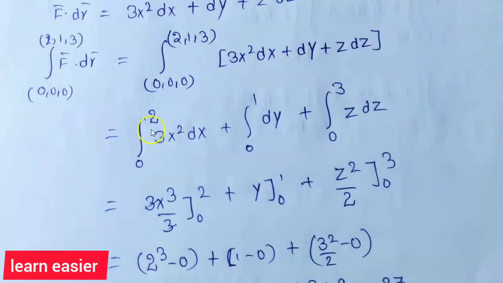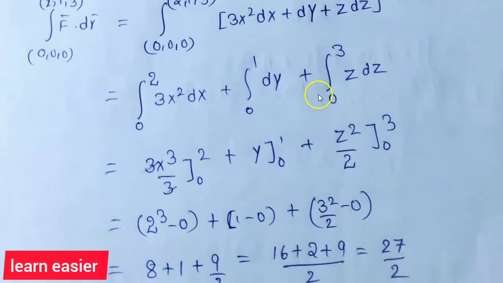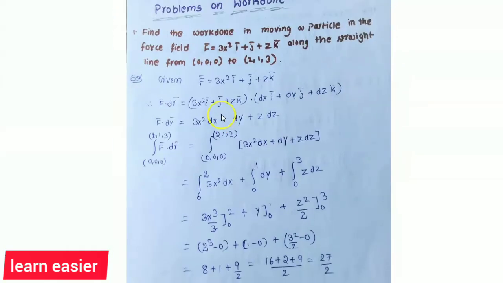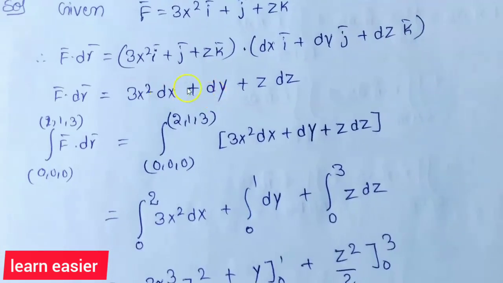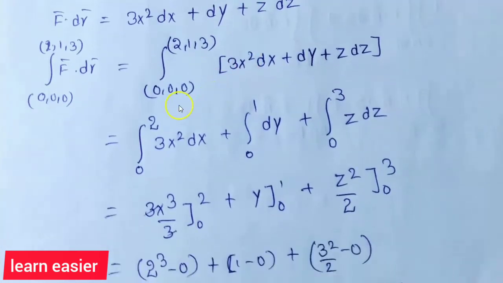We get the integral from 0 to 2 of 3x square dx, because the limits of x are 0 to 2, plus the integral of dy with limits of y from 0 to 1, plus the integral of z dz with z limits from 0 to 3. It is easier in this problem because F bar dot dr bar has separate x terms, y terms and z terms, so we can easily integrate.